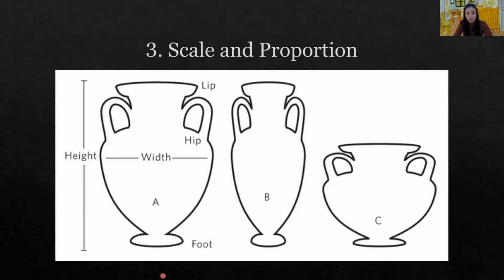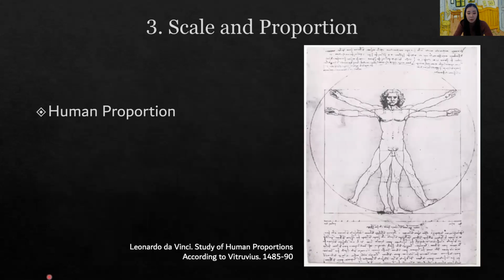And also, we can make an almost perfect square and circle with our body's proportion. This was discovered by the Renaissance master Leonardo da Vinci.